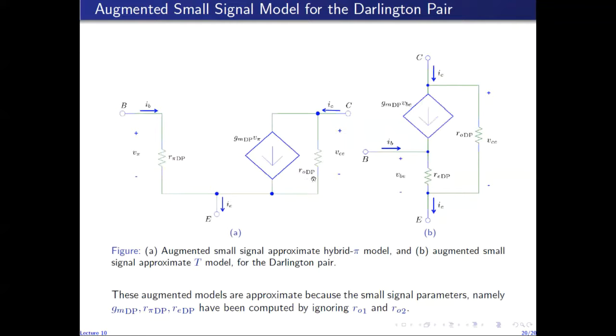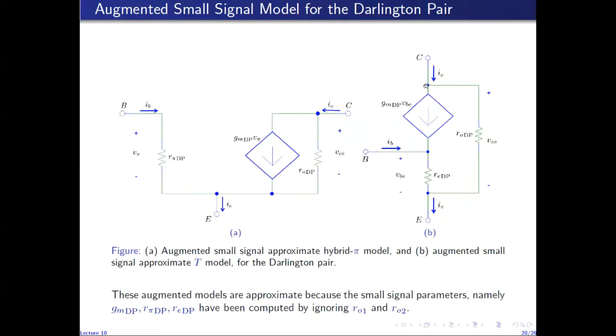So by definition, this is the resistance seen looking into the collector, this port made up of collector and emitter, at open circuited input. So when you open circuit the input, ID becomes 0, this current becomes 0, and all we are left with is this small signal resistance. So the placement of this resistance here is justified and consistent.